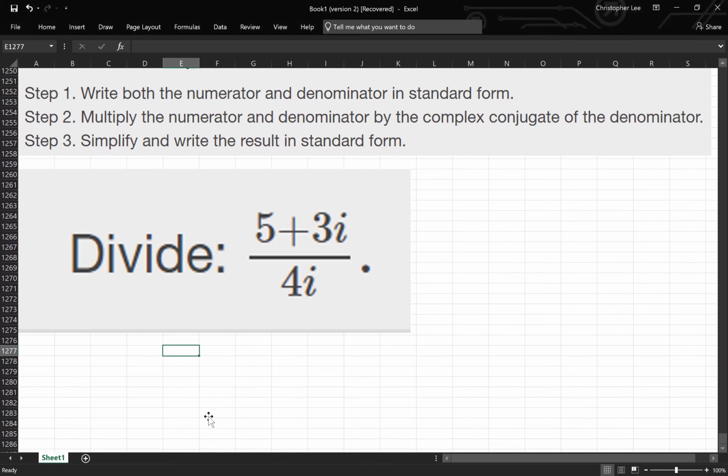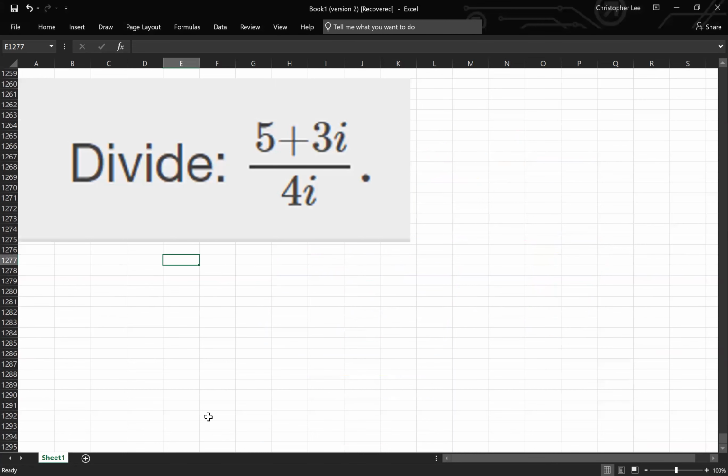I'm gonna rewrite this. This is gonna become 5 plus 3i, but watch what I'm doing to the 4i. This is gonna become 0 plus 4i. So now this looks like what we had before.